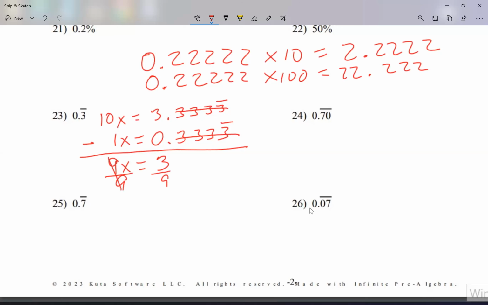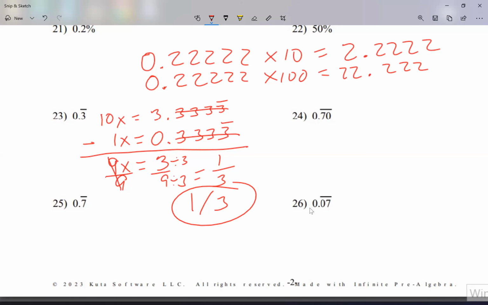So x is going to be 3/9. Nice. Now simplify. Let me divide each by 3. So my answer is going to be 1/3. And remember, you type that 1 backslash 3.